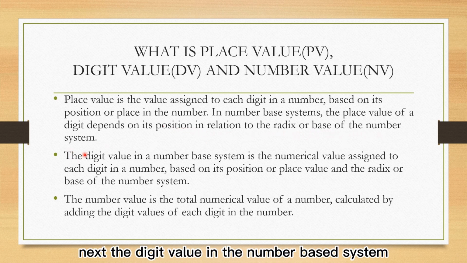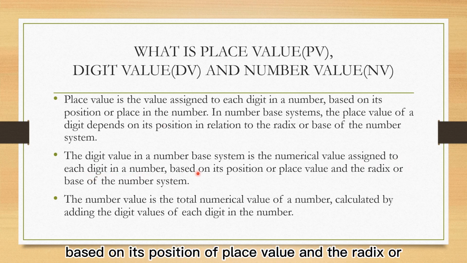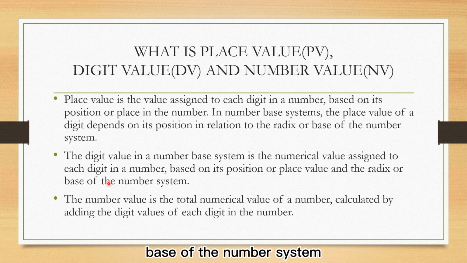Next, the digit value is a numerical value assigned to each digit in a number based on its place value and the radix or base of the number system. Last but not least, the number value is the total numerical value of the number, calculated by adding the digit value of each digit in the number.